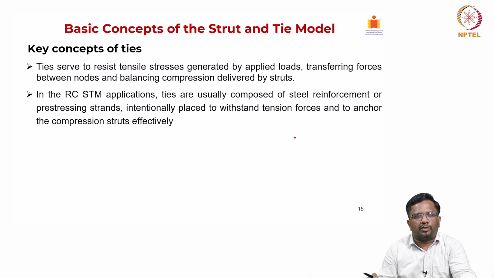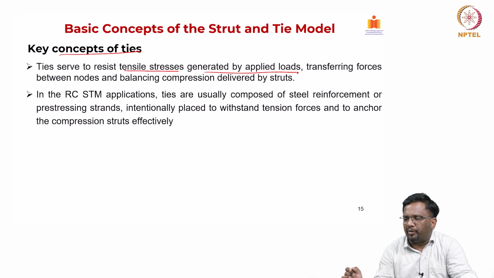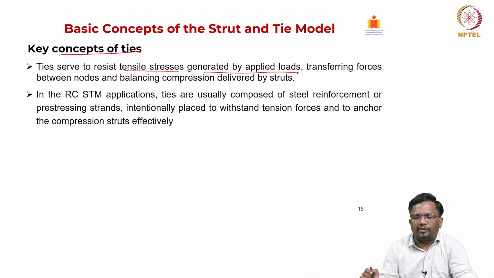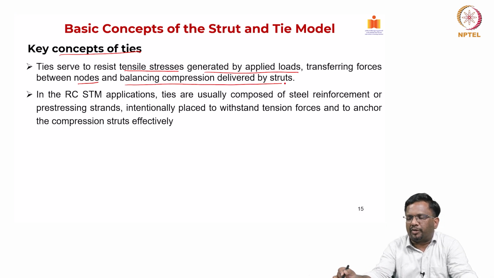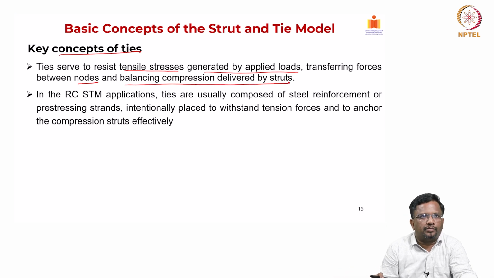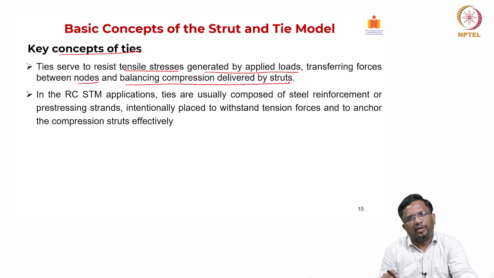Now, key concept of ties. Let us look at what the concepts of ties are. Ties, as we have explained, serve to resist the tensile stresses generated by applied loads, and that helps to transfer the forces between the nodes. They also help to balance the compression delivered by the strut, right. So, whenever you have an inclined compressive component, you have to satisfy horizontal equilibrium, so you need to have ties in the node regions.